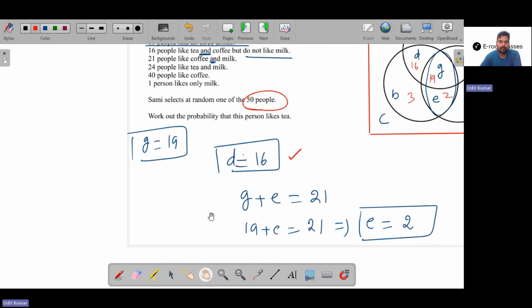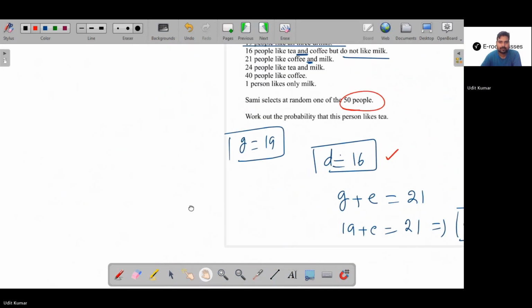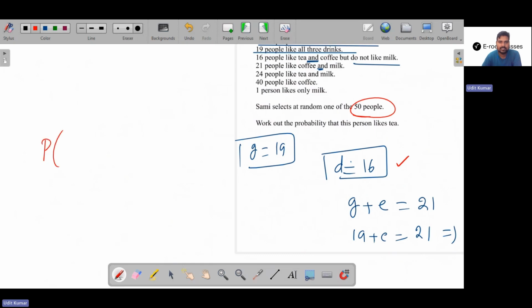So if you have to calculate the probability, work out the probability that person likes T. So the probability that person likes T is going to be over 50.